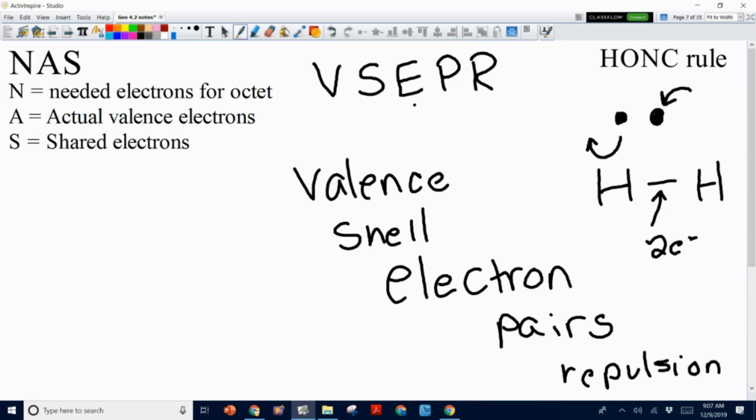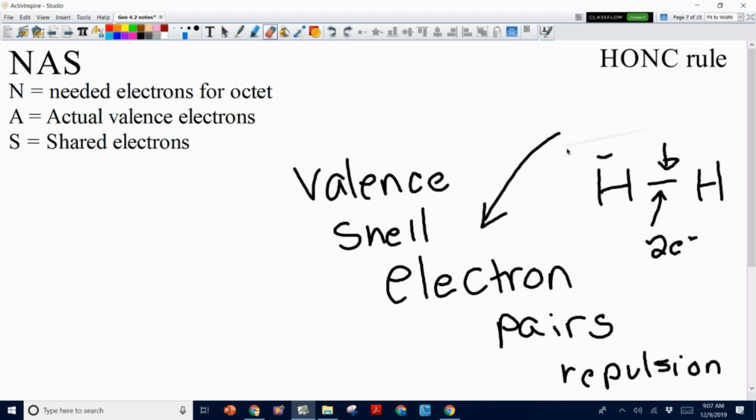So that's how they repel. But when one pair of electrons gets close to another pair of electrons, then they start pushing against each other and repelling in opposite directions. We'll see more of that when we get into the actual shape names. So valence shell electron pair repulsion, VSEPR, is the theory that we're going to be talking about.